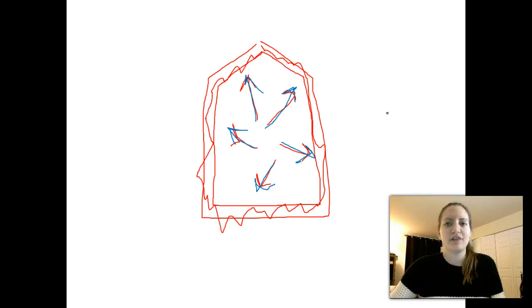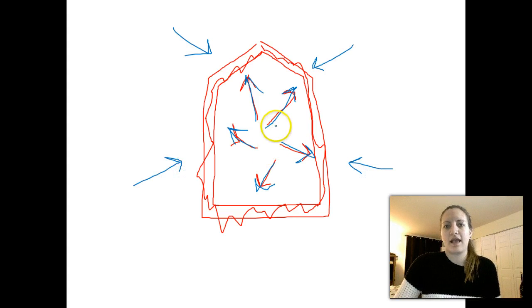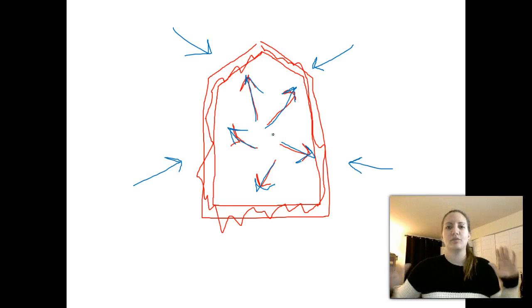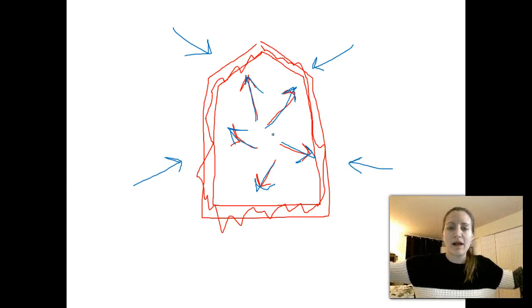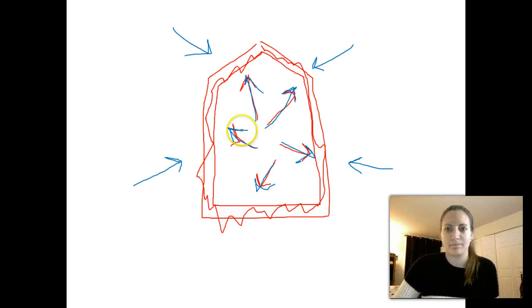So what insulation does is it prevents the movement of molecules. Molecules that are on the outside, whether this is heat or bitter cold, are trying to get in, and what we have inside is trying to get out. So insulation is blocking it. It keeps the cold air out, the hot air out. It keeps the cold air in or the hot air in.